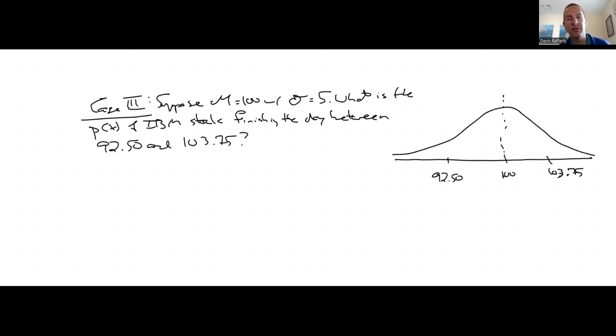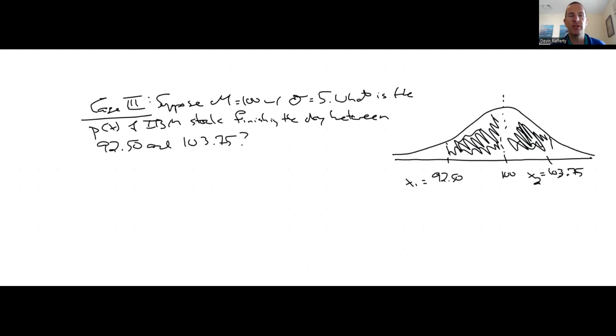So now I want to find the probability of something happening with two observations that are on different sides of the mean. I have observation 1 here, observation 2 here. That's x1, and we'll make this x2. I want to know this area.